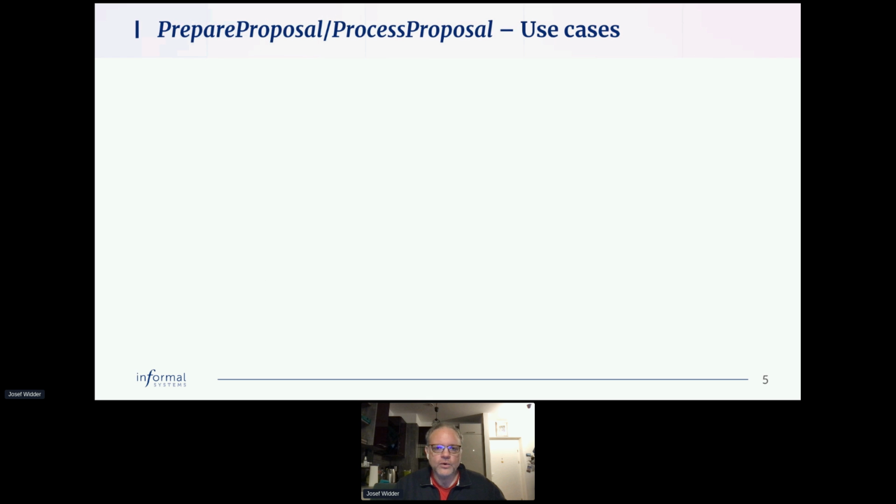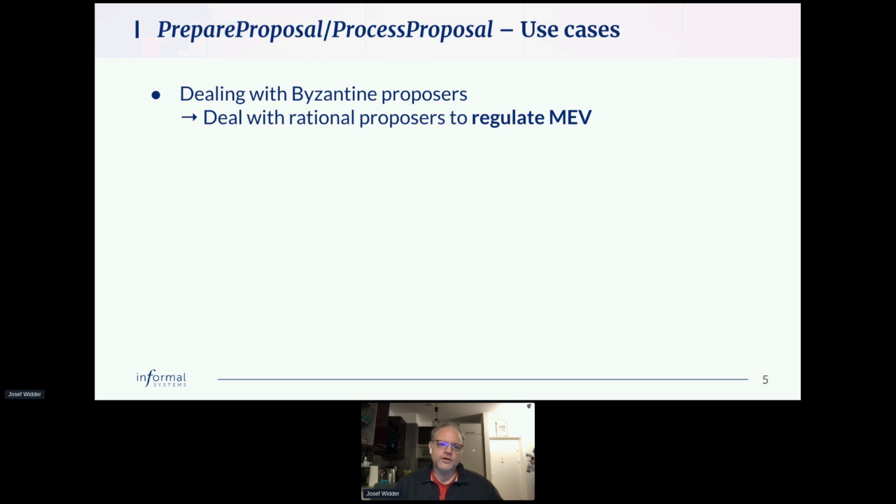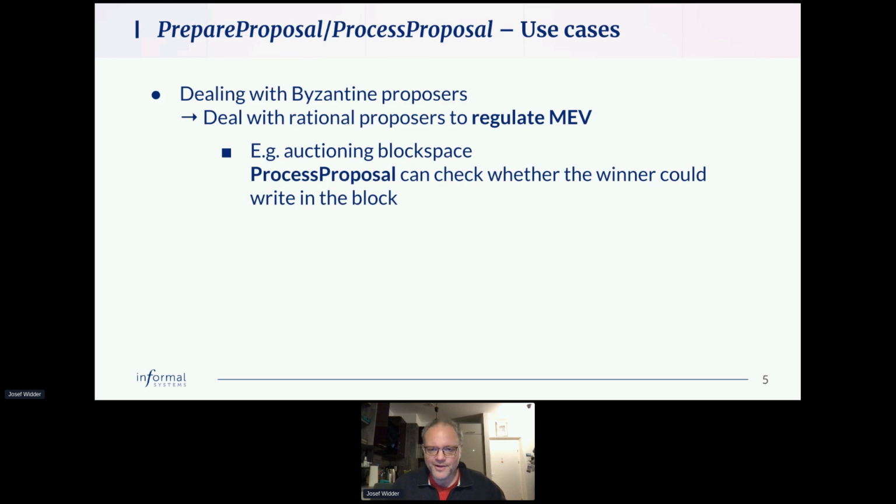So why is it useful? For process proposal, since this is an MEV conference here, what it actually does is deal with Byzantine proposals. So if the proposals are behaving badly against the application, with process proposal we can check whether the proposal is bad. But this also means we can deal with rational proposals.